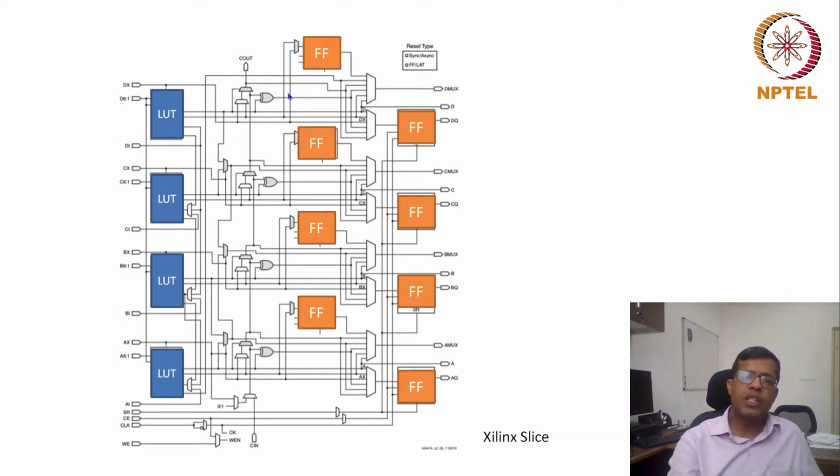These flip-flops are internal, and they also give a different output, called DMUX, CMUX, BMUX and AMUX. So there are 12 outputs for these 4 LUTs. Each LUT has 3 outputs: one is the multiplexer output, another is the direct output, and another is the latched output.